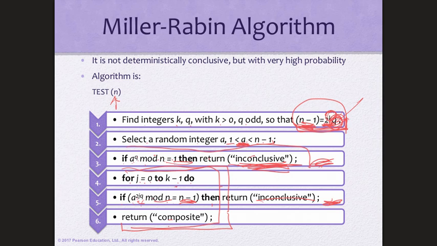Again, the idea is it has been analyzed, and this is mentioned in your book, right? It was found that a very high percentage, I think above 90 something, of the inconclusive cases are actually prime numbers. Very few cases of the inconclusive are non-prime numbers.